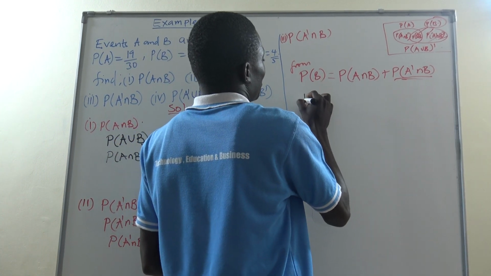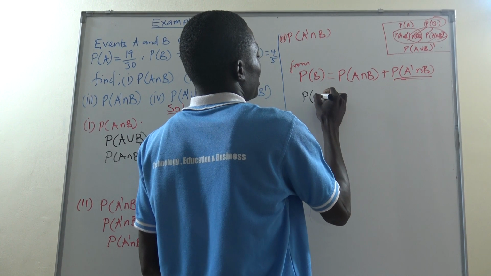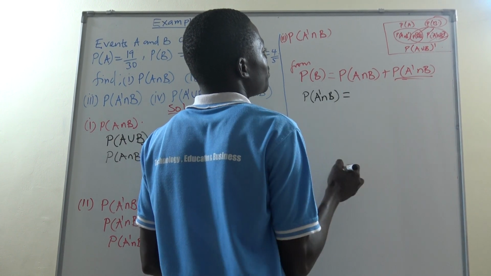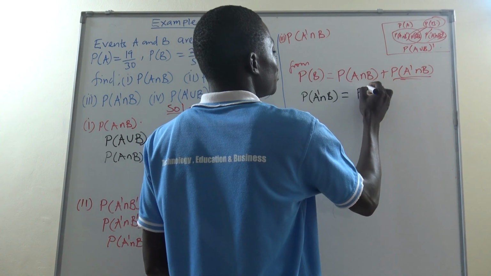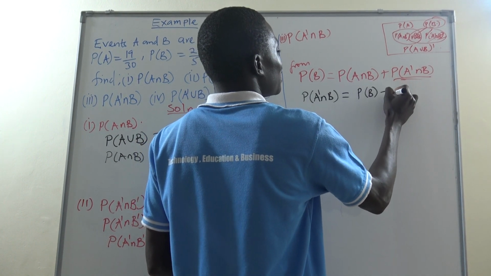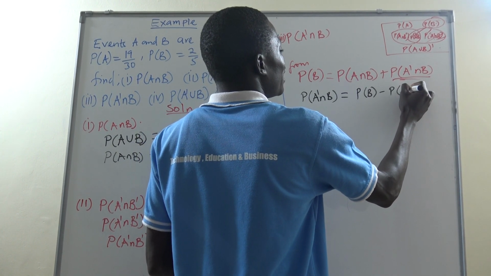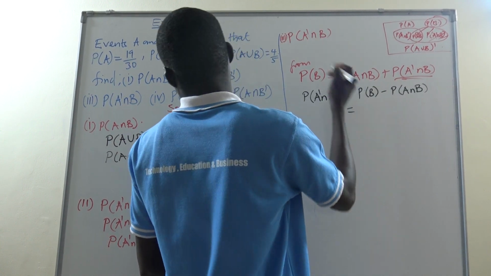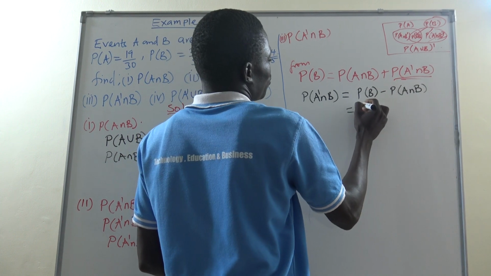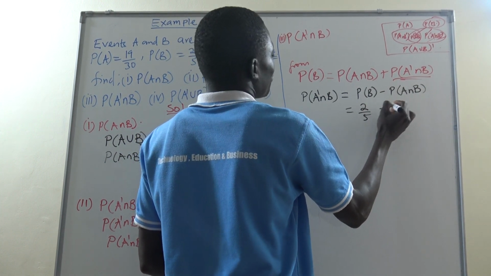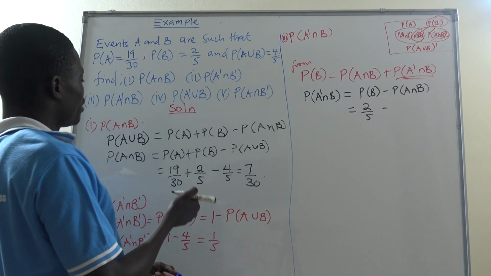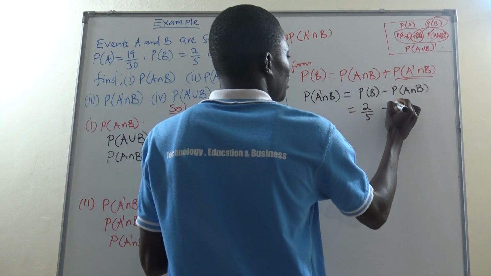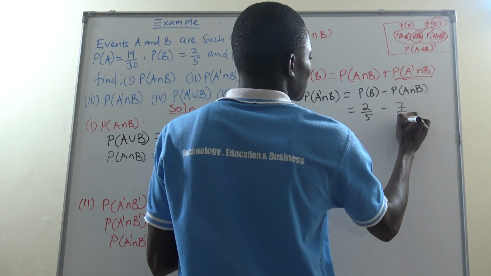So probability of A intersection B complement becomes probability of B minus probability of A intersection B. Then probability of B is 2 out of 5 minus probability of A intersection B, which is 7 out of 30.